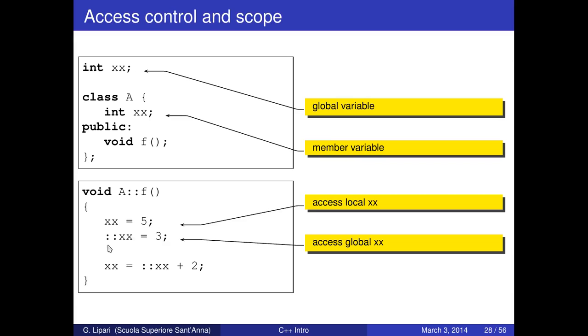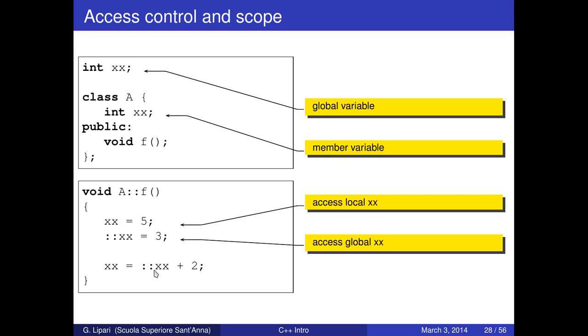If you want to access the global variable, what you have to do is write ::XX. This means go to the global scope and look for a variable XX. So ::XX equal to 3 will modify the global variable XX. And of course you can use both.